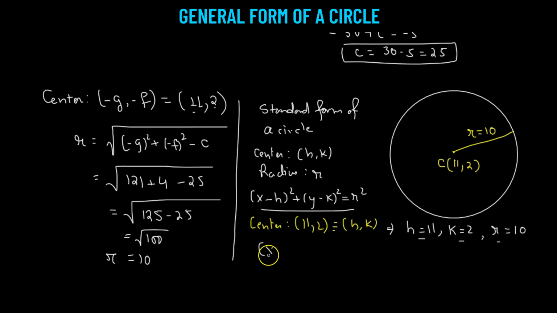We get x minus 11 whole squared plus y minus 2 whole squared equals the square of the radius, so that's 100. This is the standard form of the circle, and if we expand it, we get the general form of the circle. So that's x squared plus y squared minus 22x minus 4y plus 25 equals 0. So this is going to be the equation of the circle.